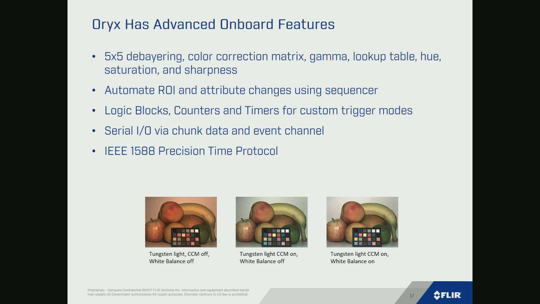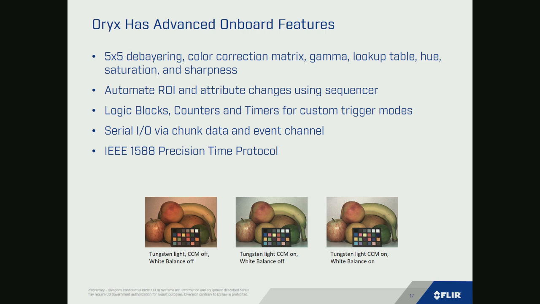It takes the whole idea of white balance a step further and uses the actual spectral response of the sensor and the wavelength makeup of the light to come up with a much more accurate representation of color. Gamma, lookup table, saturation, sharpness, kind of the standard things there.